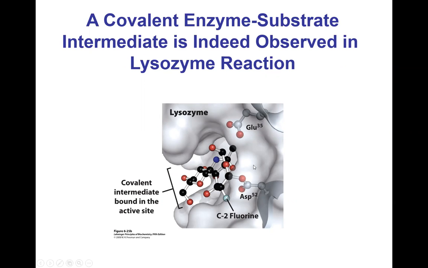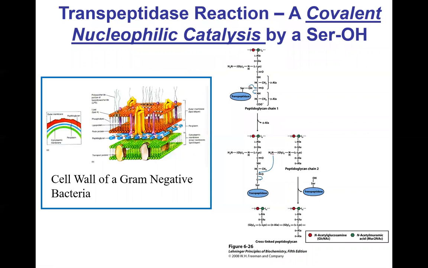What they did was they actually crystallized a substrate analog with lysozyme, and they were able to clearly see a covalent bond formed between the aspartate 52 and that carbon. That scientist really rested the case forever. Problem solved, mechanism resolved. And so that was a really, really cool structure actually, and cleared up a lot.